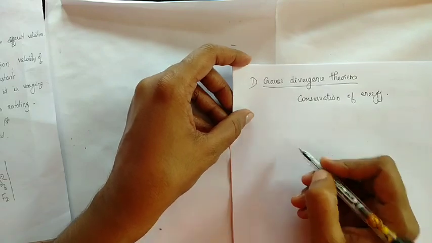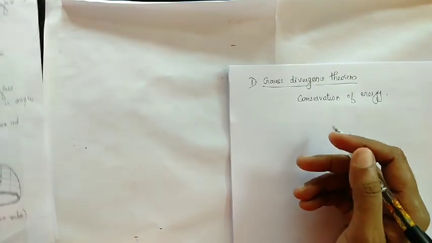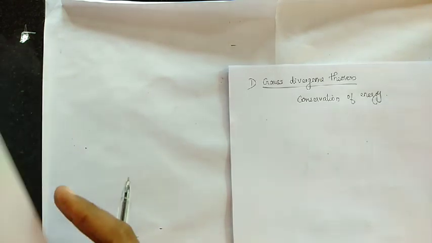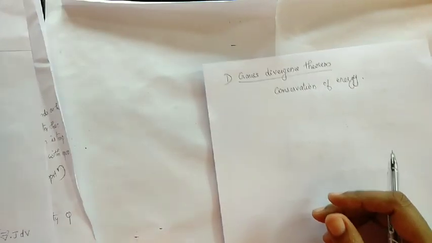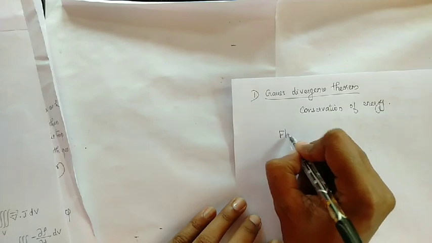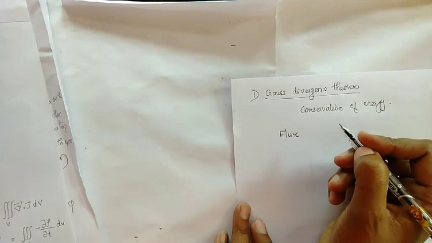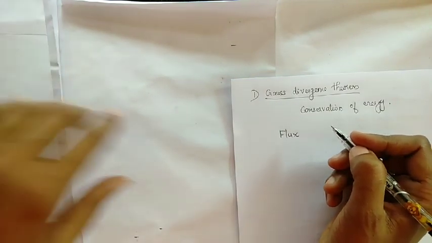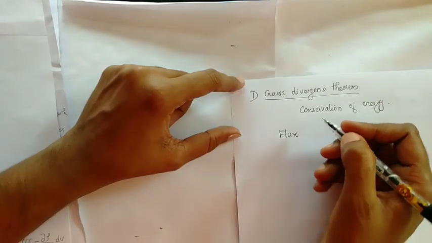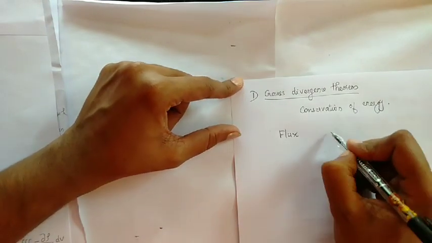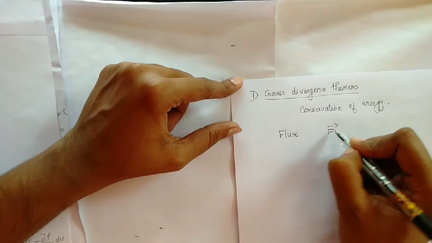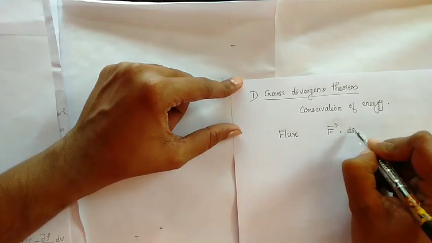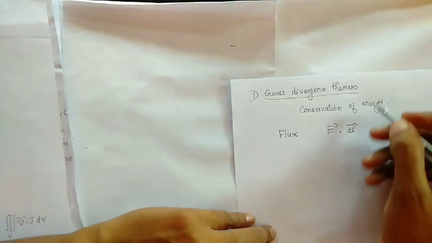What is meant by flux of a vector field? In this chapter, we are going to use this term frequently, so we have to discuss it first. Flux of a vector quantity is commonly the dot product of a vector field F and the surface element dS through a surface.